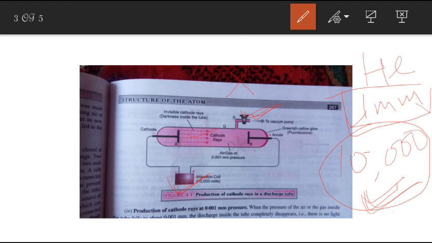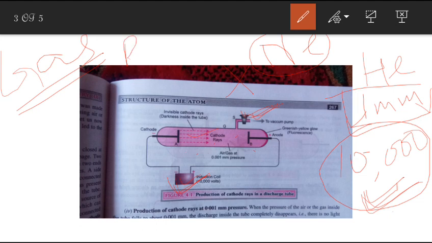An electric current will be created in the discharge tube with a red color. The color of the light in this discharge tube depends upon the nature of the gas, because gases are differently colored. So if neon is used in this discharge tube experiment, we will see that red light is produced.